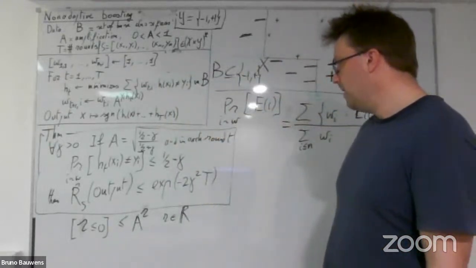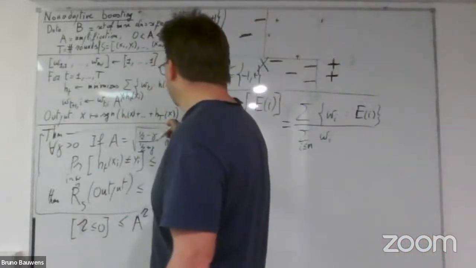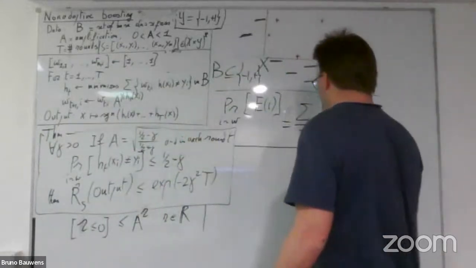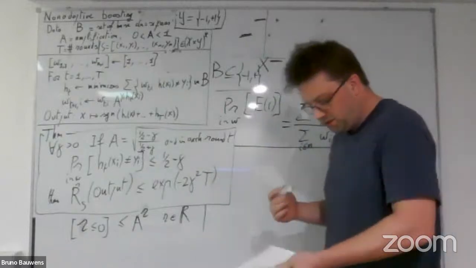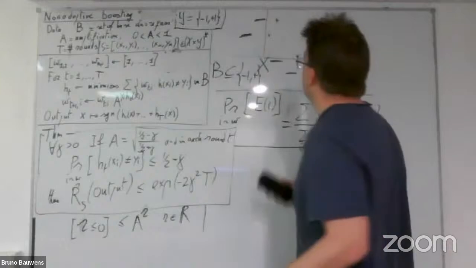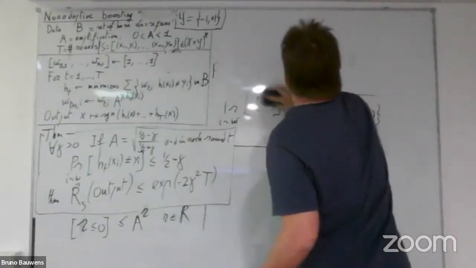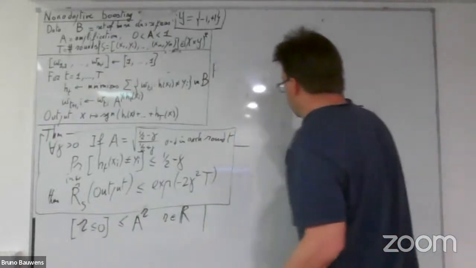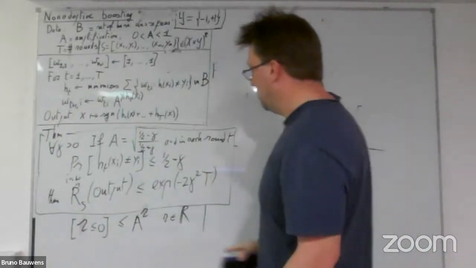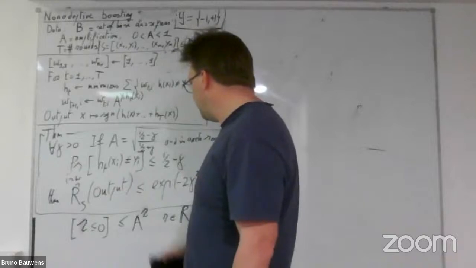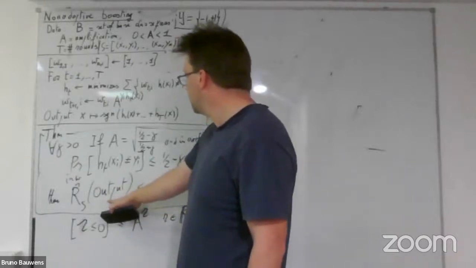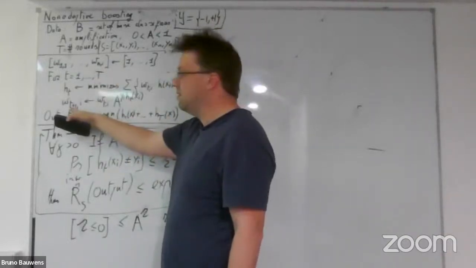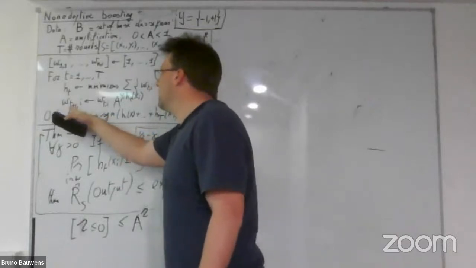Now let us call this the function g. The question is, can we use this technique to bound the empirical risk by the sum of all weights in round capital T plus one?